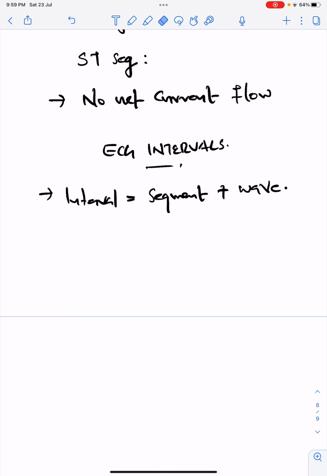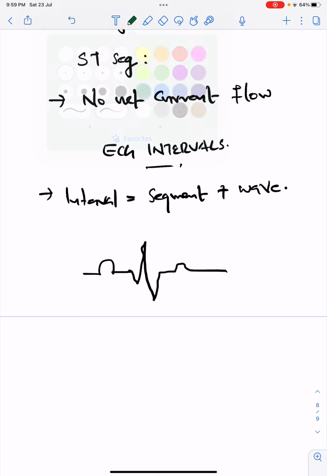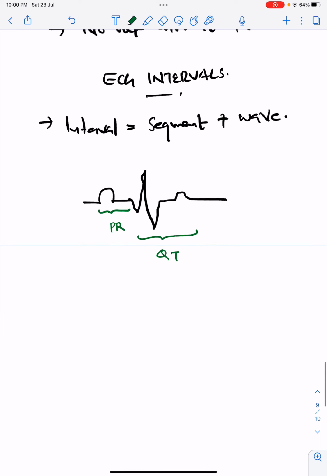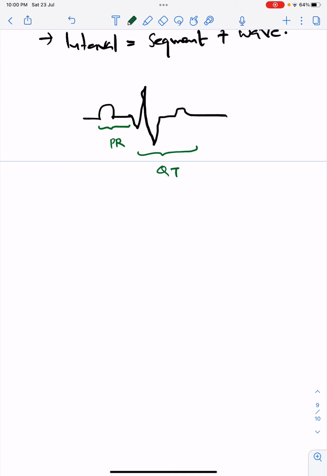One is called PR interval, and the other one is QT interval. These two intervals together form a single ECG wave.